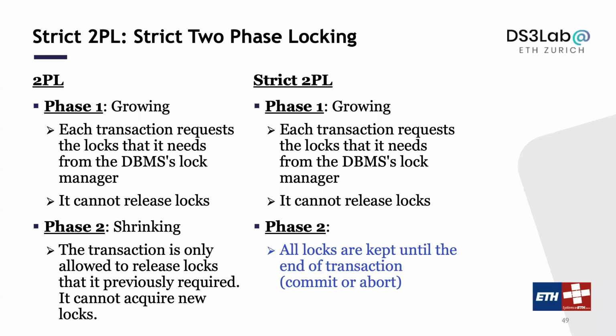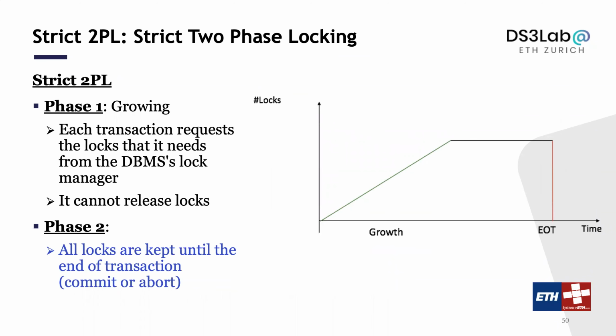If you do this, this is strict two-phase locking. Think about the figure on the right-hand side: the X-axis is time, the Y-axis is how many locks each transaction holds. It keeps growing, and then at the end of the transaction, it suddenly releases all the locks. Okay, so this is strict two-phase locking.